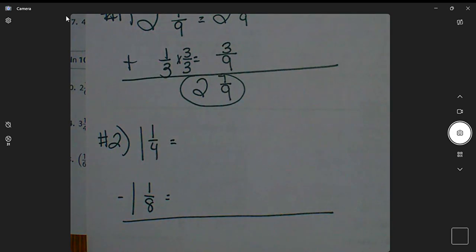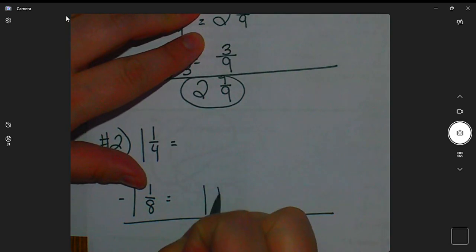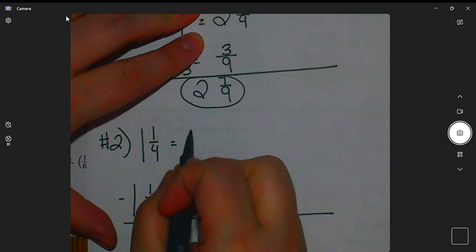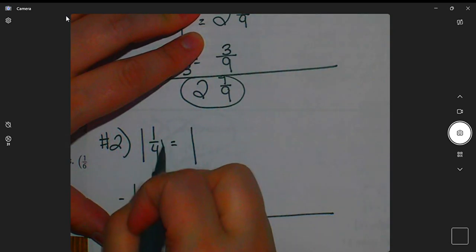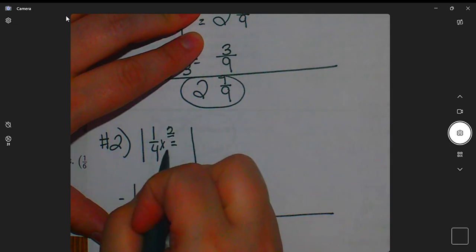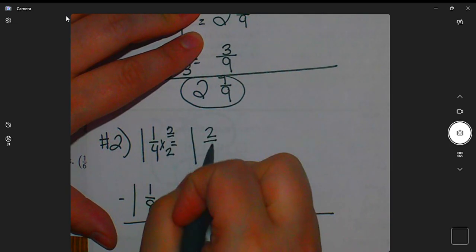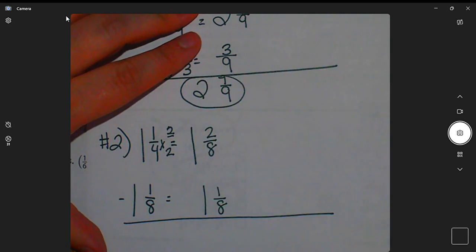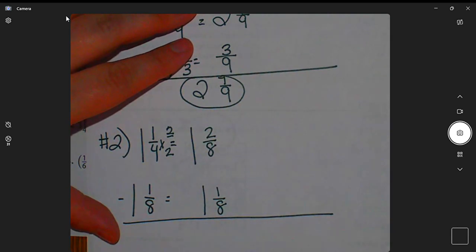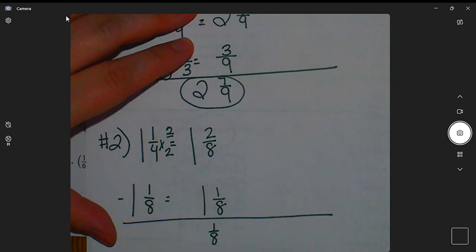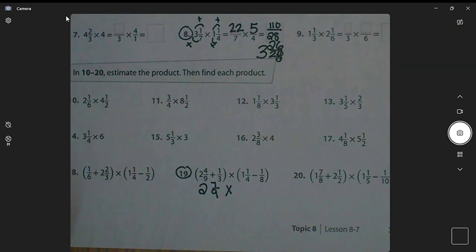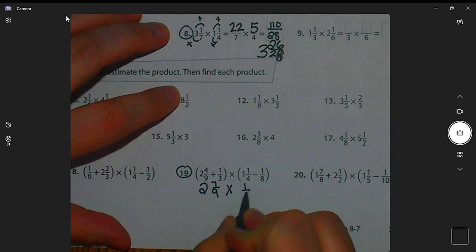What's my multiple? Yeah, it's 8. So I'm going to leave 1 and 1/8 alone. To get to 8, I have to multiply by 2. So I get 1 and 2/8. Can I subtract 1 and 2/8 minus 1 and 1/8? I can. I get 1/8. So, jumping back to the original problem, I get 1/8.